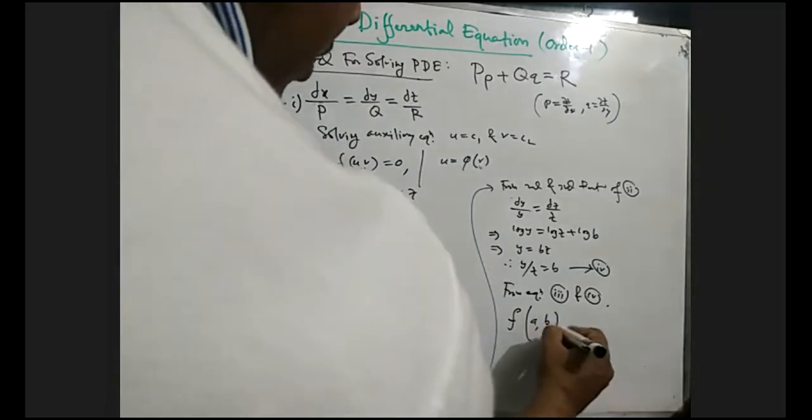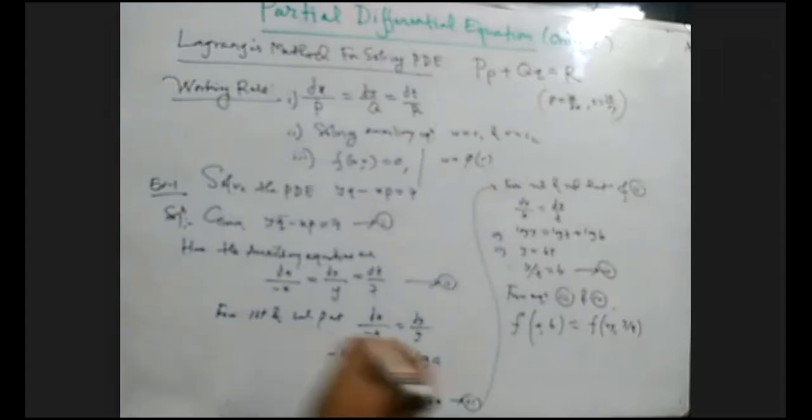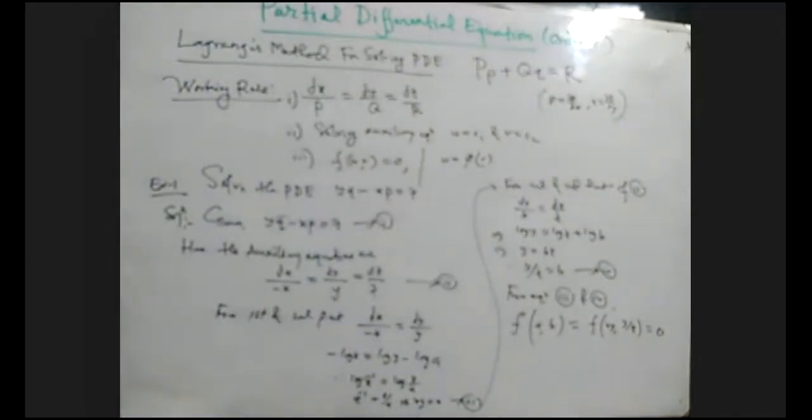F of a equals to xy, and b equals to y by z, equals to 0. This is the required solution by Lagrange method.